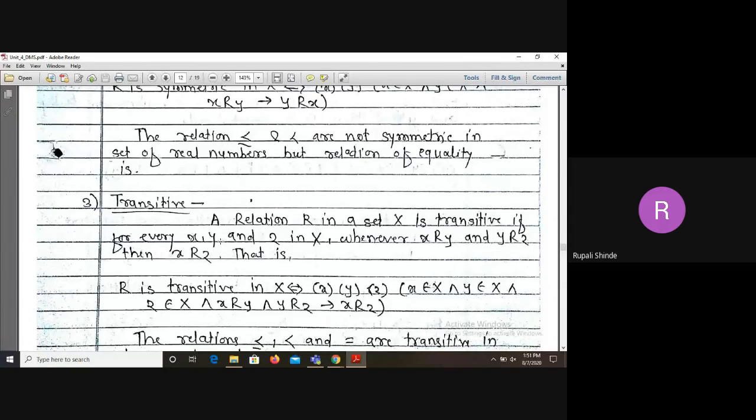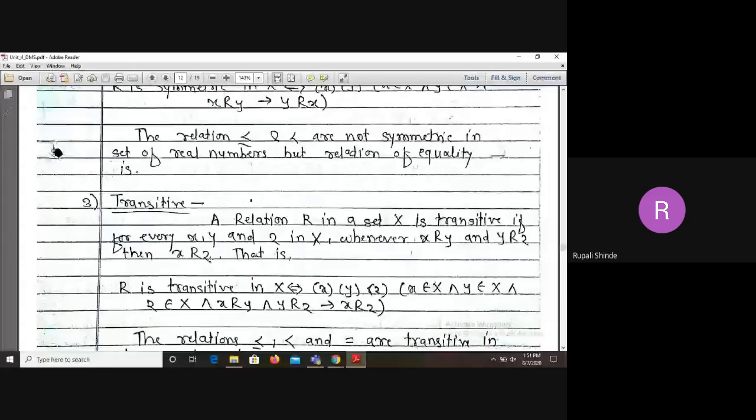If there is any set X, and X, Y, Z are elements of that set X, then if X is in relation R with Y and Y is in relation R with Z, then X is in relation R with Z. Okay.